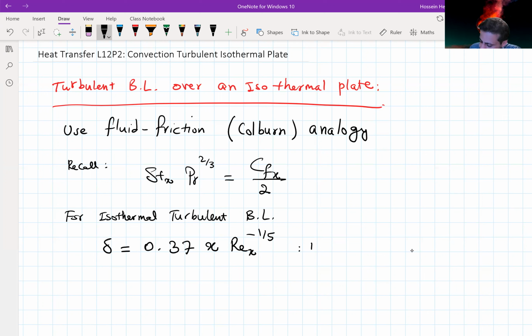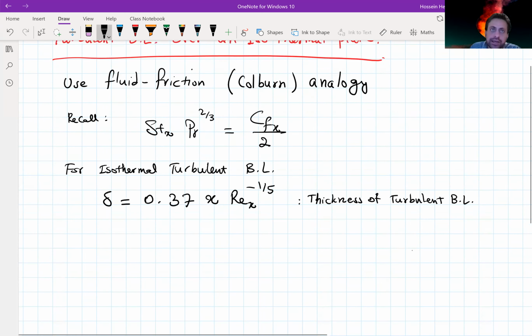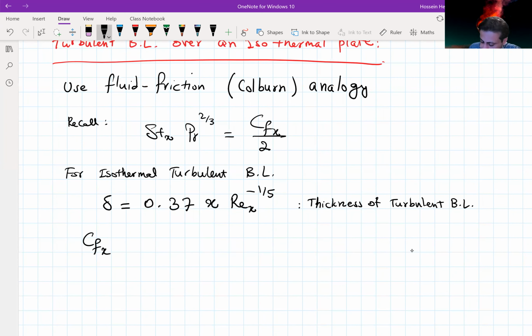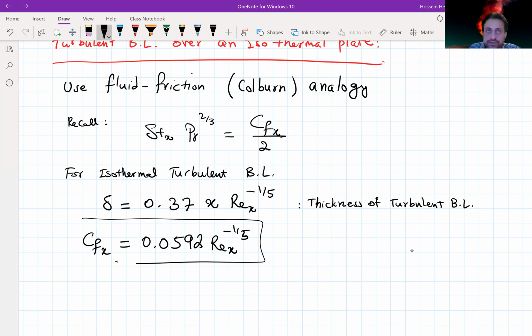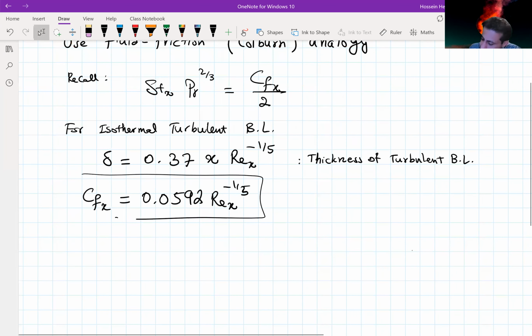So this is the thickness of the turbulent boundary layer, and Cfx is going to be 0.0592 Reynolds number x to the power of -1/5. So we have a relationship based on the Reynolds number, and this Reynolds number of x should be smaller than 10 to the power 8. So this is the limitation, greater than the critical Reynolds number of x.